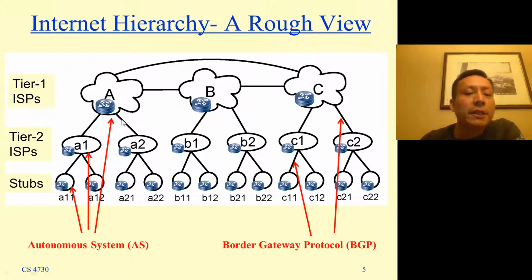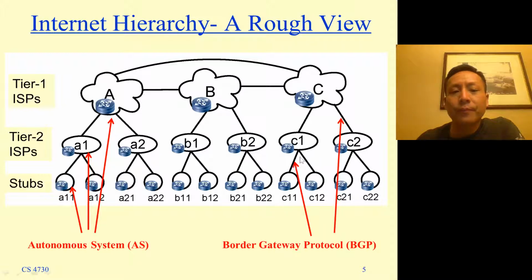Each of these blocks represents an individual autonomous system, an individual domain. Inside the same autonomous system, we mentioned that we can run OSPF or any intra-domain routing protocol.